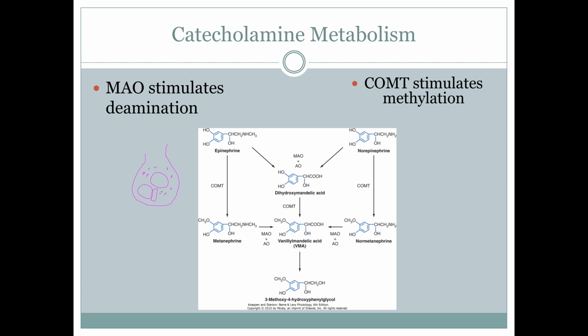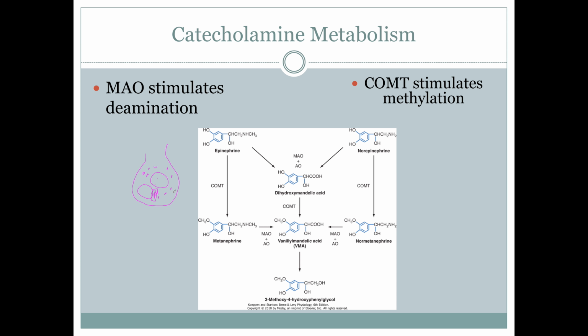And the way that it's supposed to work is that when there's excess intracellular neurotransmitter that doesn't have room in the vesicles, they're already full, MAO would be right here. So MAO oxidase, it breaks down the intracellular catecholamines.